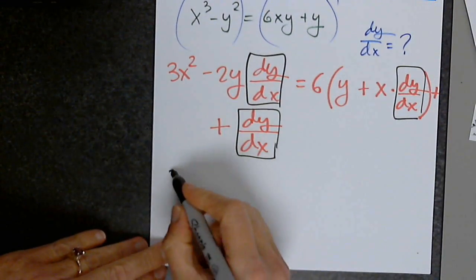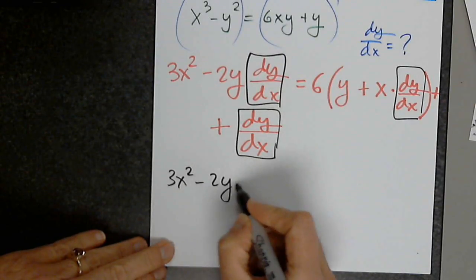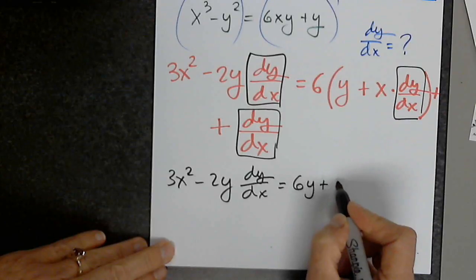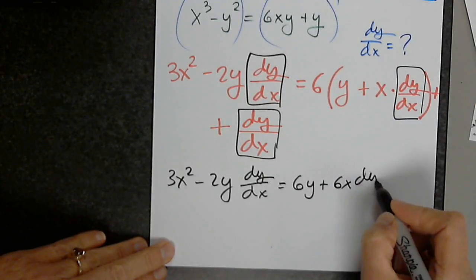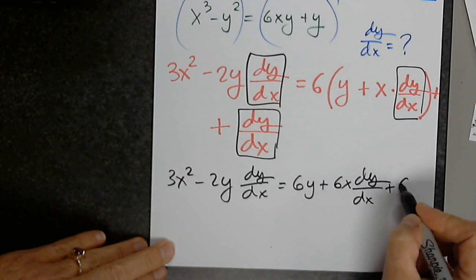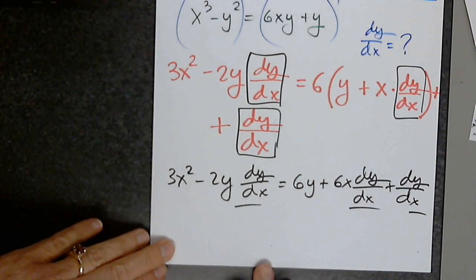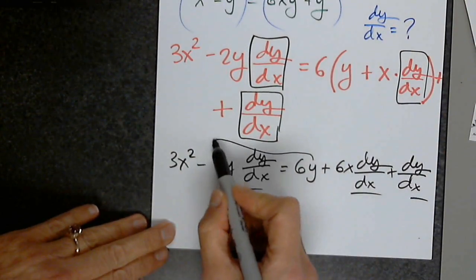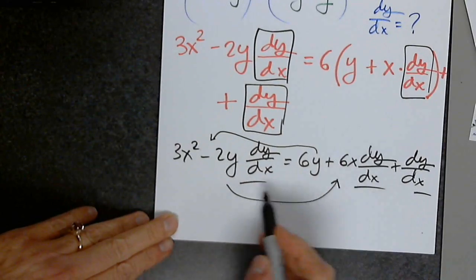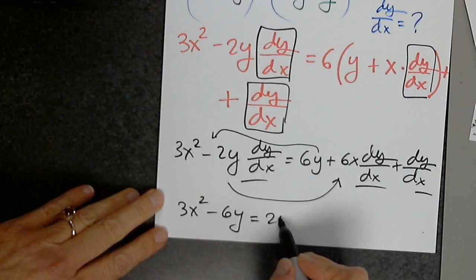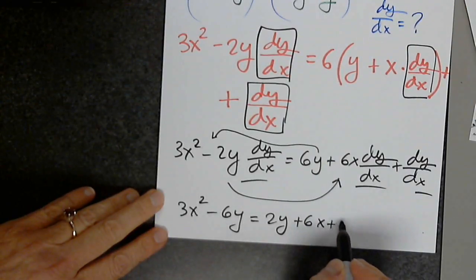So what I have is 3x squared minus 2y dy over dx equals 6y plus 6x dy over dx plus dy over dx. All these terms have to be on one side. So I'm going to move this one here and this one here. So 3x squared minus 6y equals 2y plus 6x plus 1.